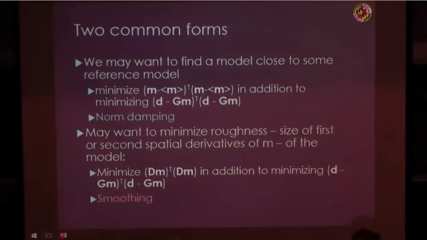In this case, the model parameters really have to define some kind of physical space or physical quantity, because taking spatial derivatives of something that's not a physical or spatial quantity is not the best idea. So in that case, we want to minimize this Dm, which I'll show you the form of in a second, in addition to minimizing the residuals. So these are two common approaches. Now let's see how this works in reality.